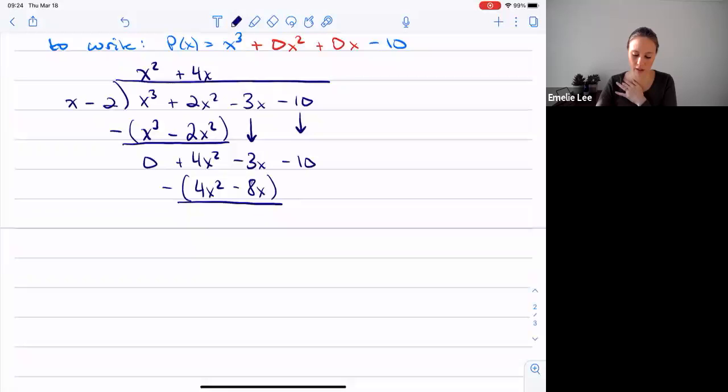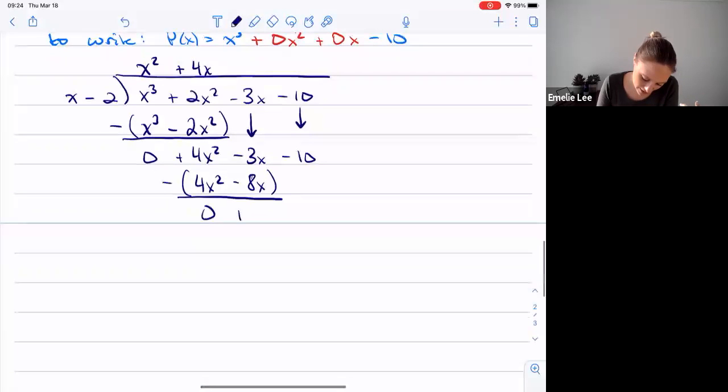Again, the goal is to be done with the x squared term so it zeroes out, so 4x squared minus 4x squared goes to 0. Negative 3x plus 8x puts me at plus 5x, hopefully.